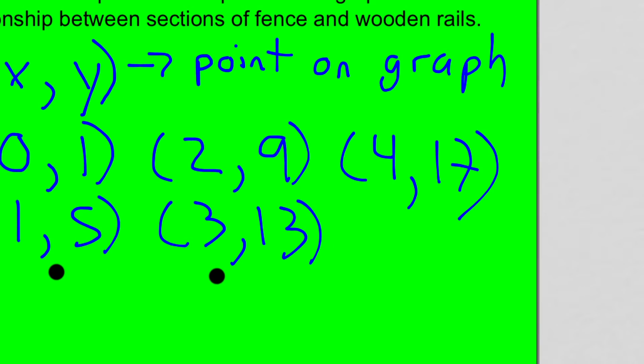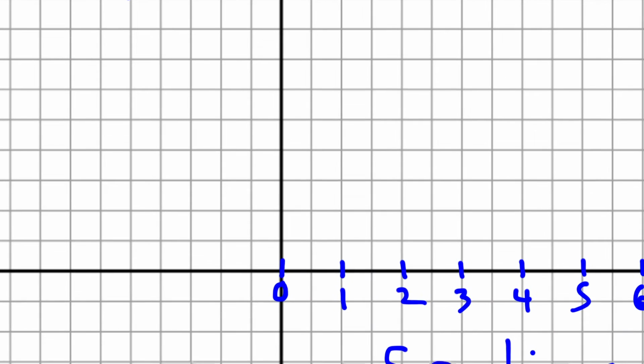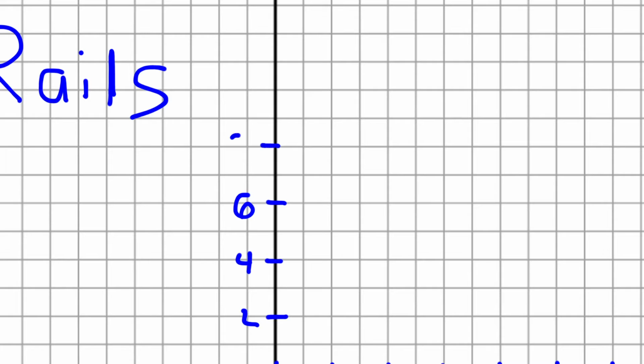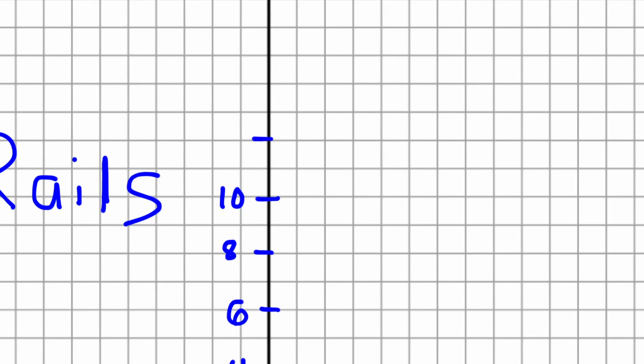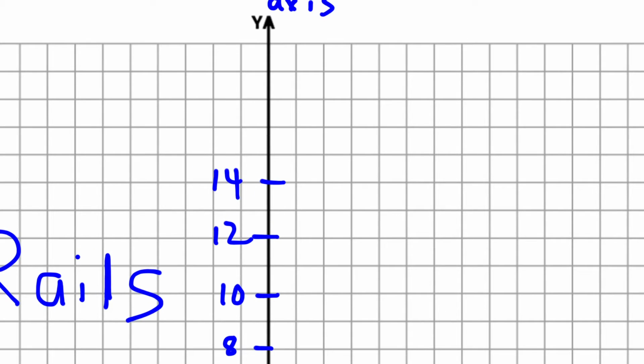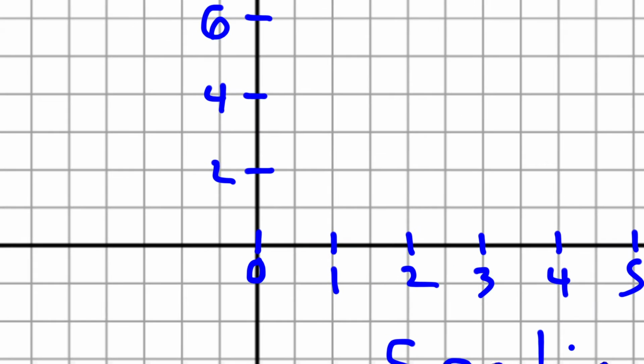I have to go up at a consistent rate on my graph, so maybe I'll call every single line 1, and I'll go like this: 2, 4, 6, 8, 10, 12, 14, 16, 18. So every line in my graph right here is going up by 1, right?